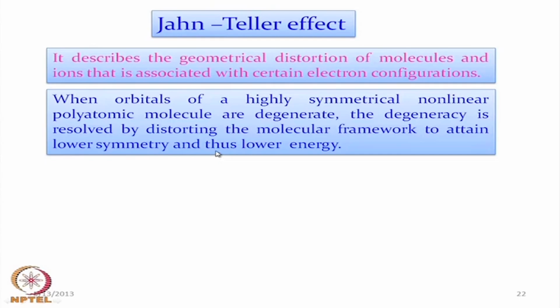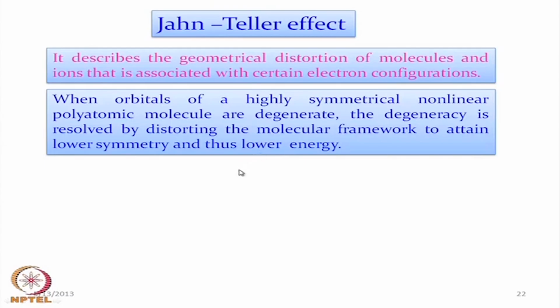So we will have the distortion due to this electronic configuration, and the symmetry of the system will be changed, such as the corresponding elongated situation from the octahedral geometry, and as a result the corresponding energy term will also be lowered due to that particular splitting.